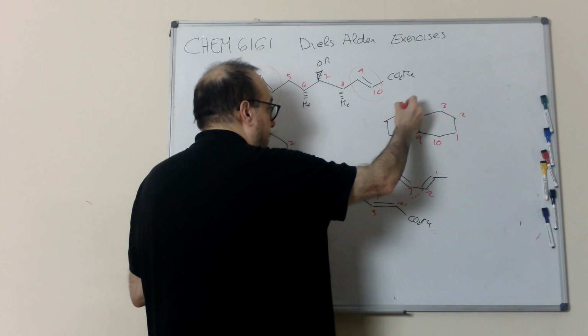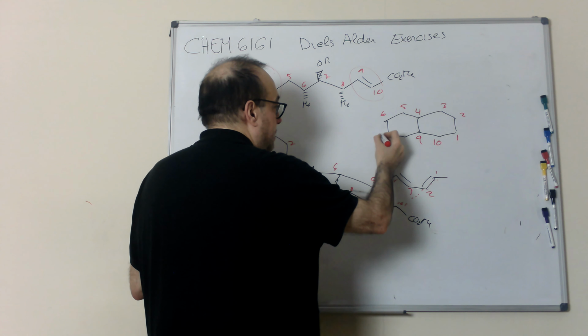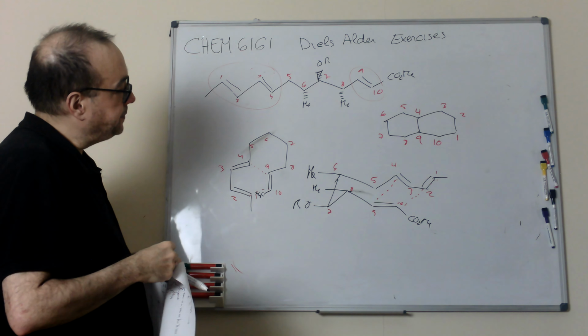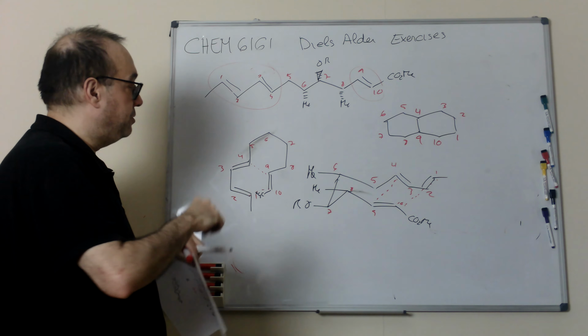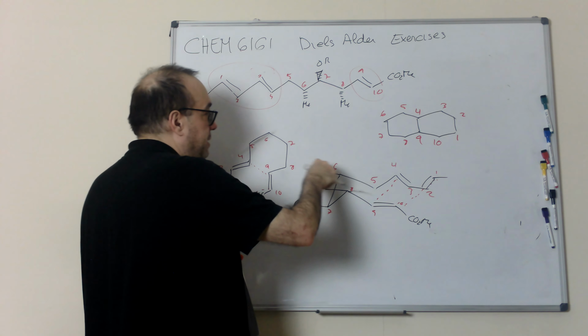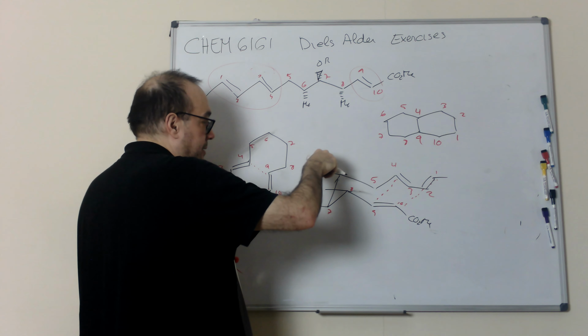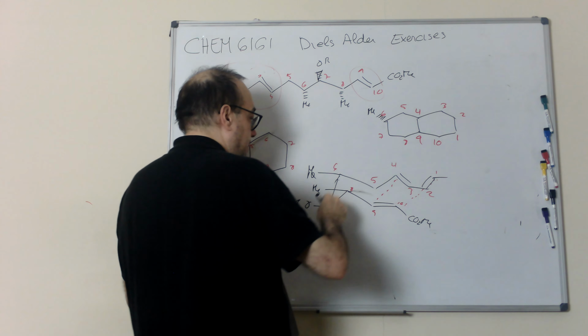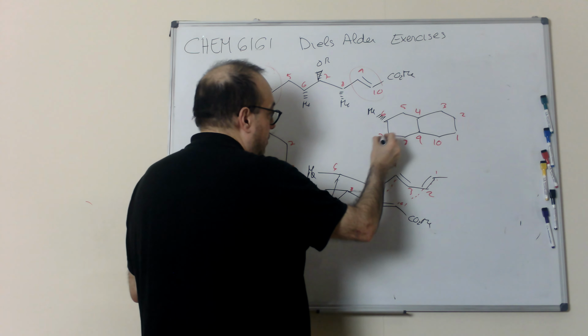And then here will be 5, 6, 7, and 8. Okay? And now put in the substituents. I will put the fixed substituent. For example, carbon 6 is going down. That means this will be methyl. OR is going up.